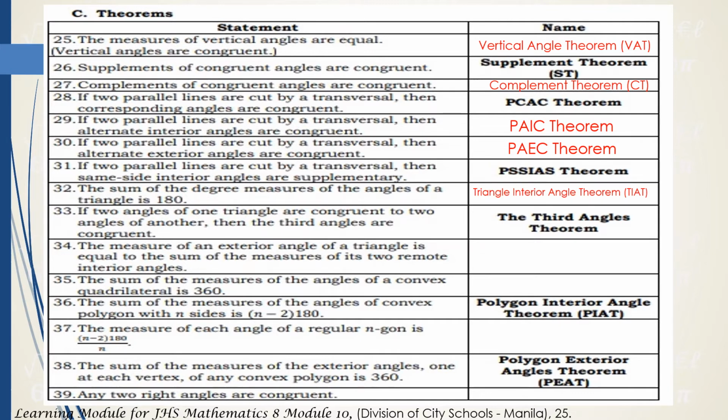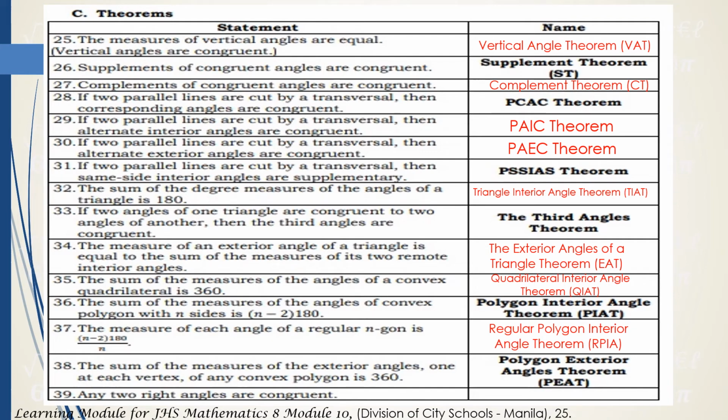And we also have the triangle interior angle theorem, or TIAT. We also have the third angles theorem. We also have the exterior angles of a triangle theorem, or the EAT. The quadrilateral interior angle theorem, or QIAT. We also have the polygon interior angle theorem, or the PIAT.